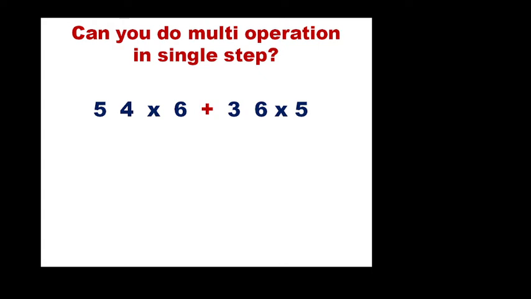So 5 6s are 30, 3 5s are 15, 15 plus 30, 45.